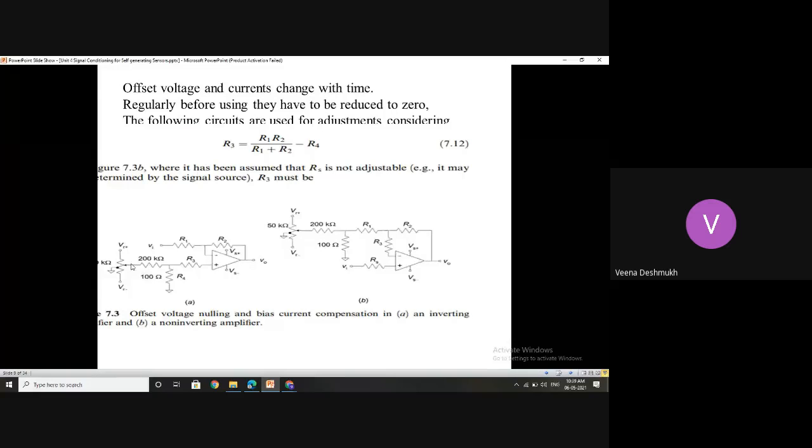You can see here, these are the two reference voltage points.